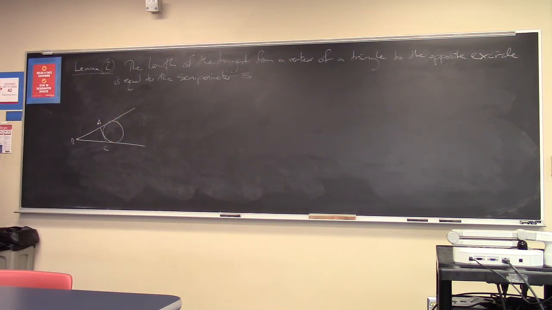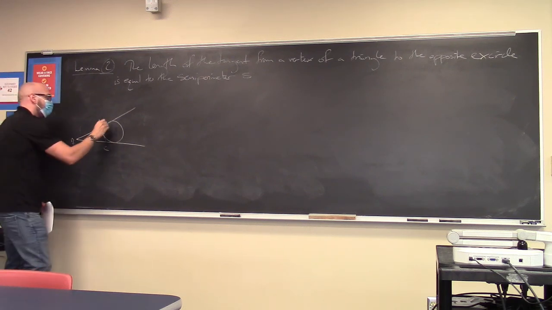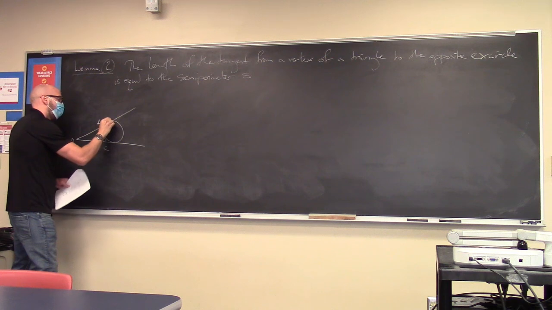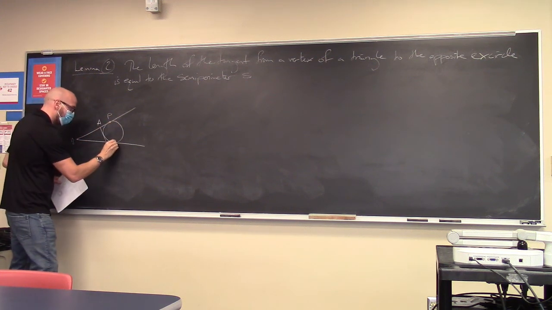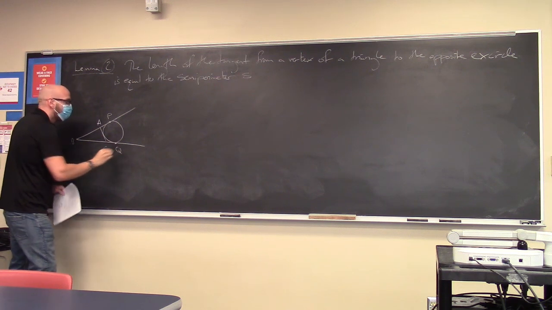There's this excircle, and let's call these points of tangency. The point of tangency with this side, we'll call P. This point of tangency, we'll call Q.